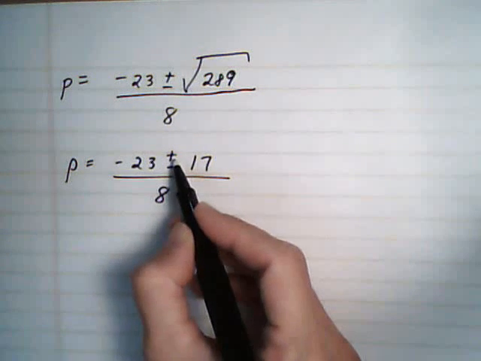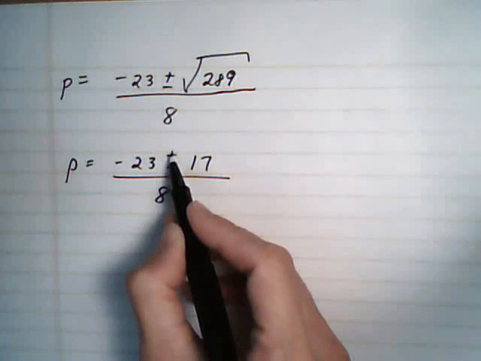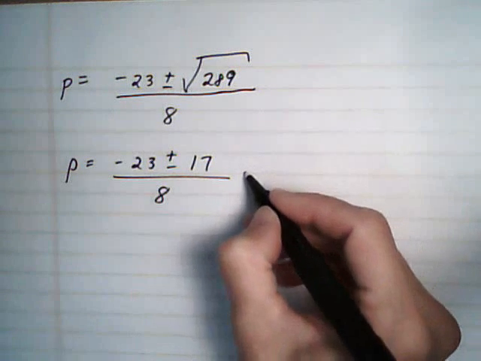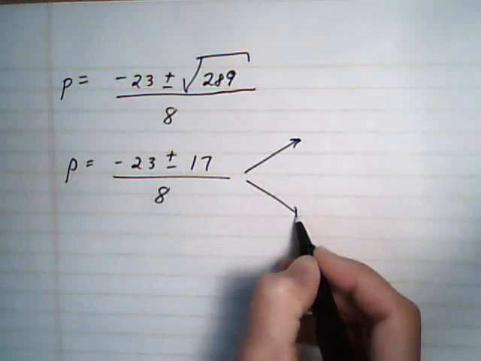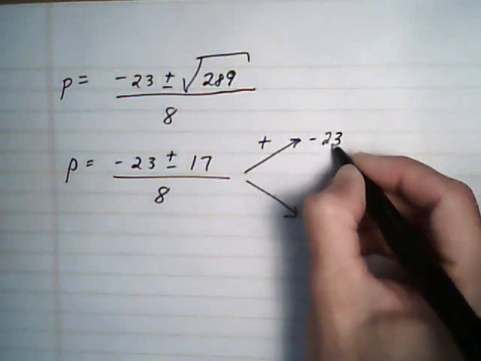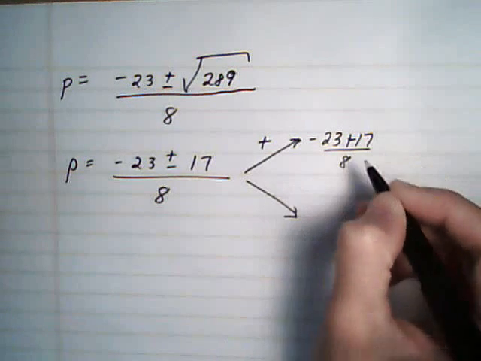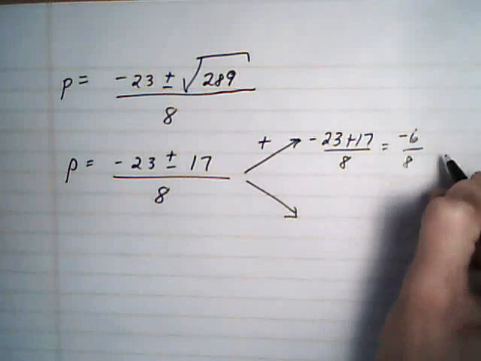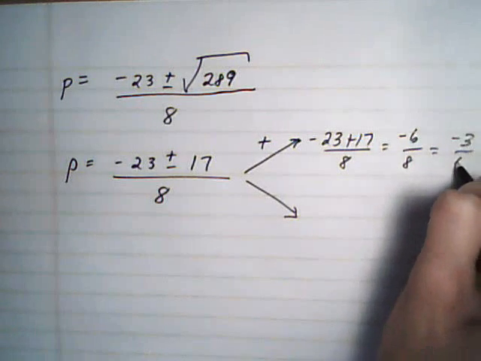And this gives us our two different options, or our two solutions that are possible if we use the plus sign or the minus sign. So what we want to do is use them separately and see what we get in each case. So using the plus sign, minus 23 plus 17 over 8, and that gives us minus 6 over 8, which is minus 3/4.